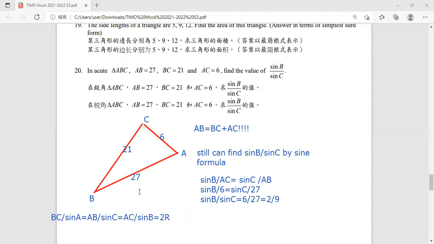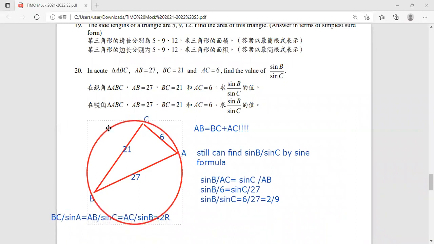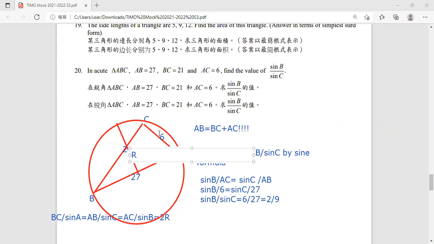Now what is this R? If you make a circumscribed circle here, and I find the center, this will be R. Any questions?